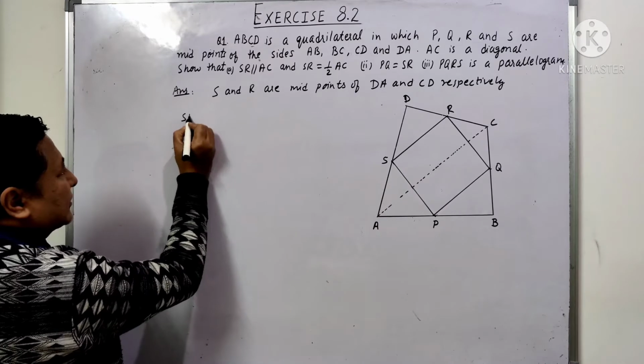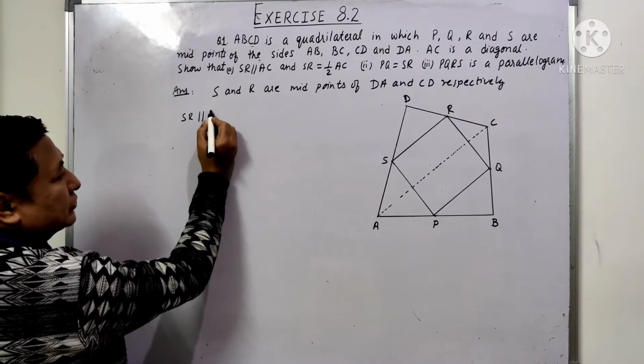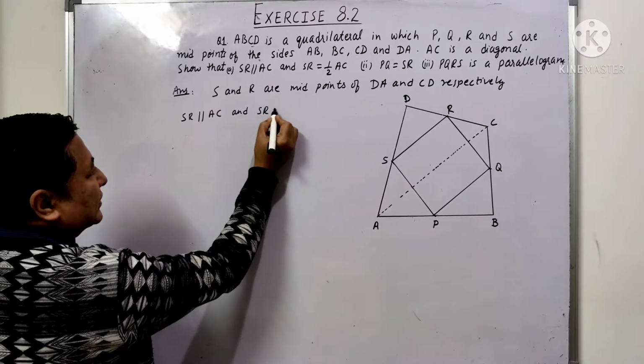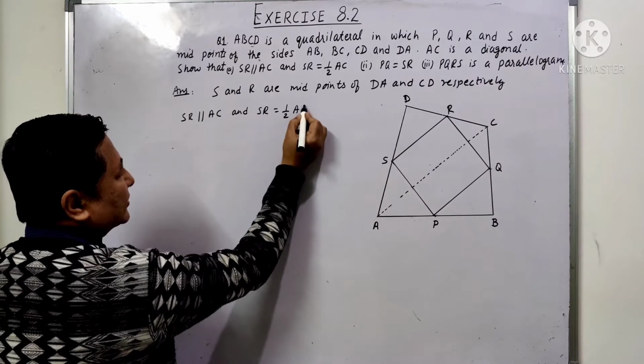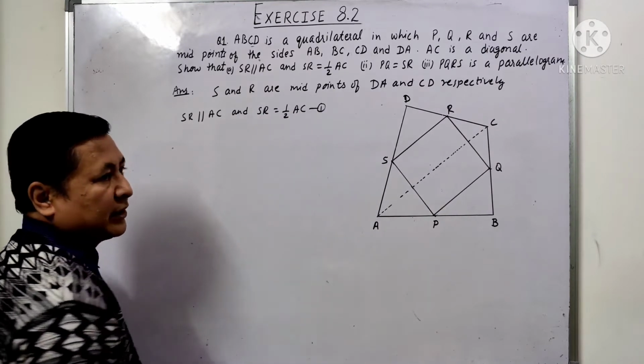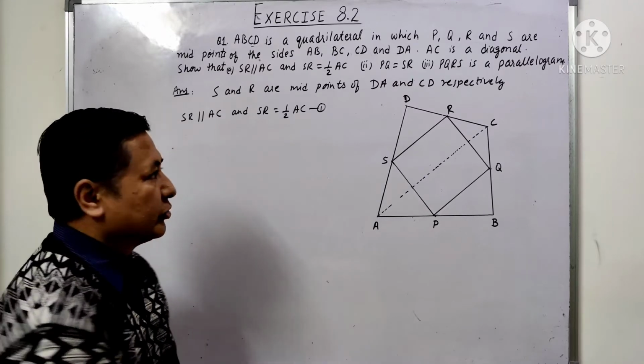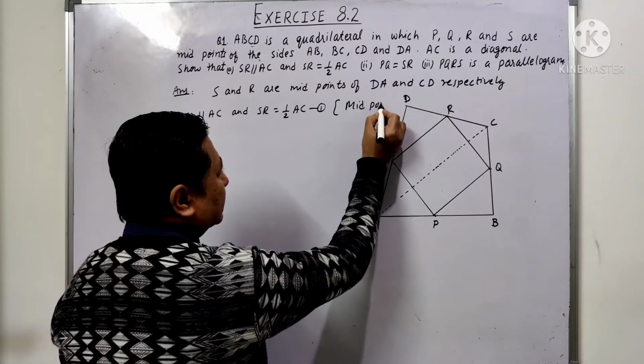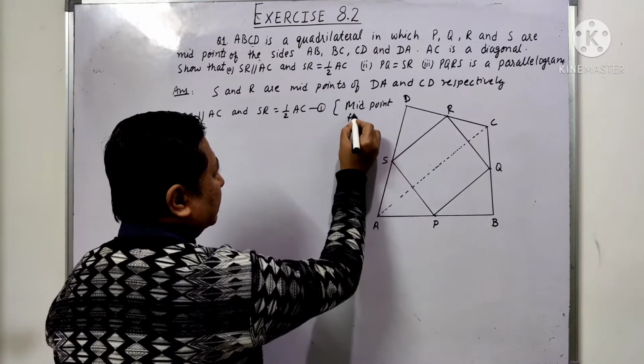So SR will be parallel to AC and SR is equal to half of AC. We'll mark it as number 1, and the reason is the midpoint theorem.